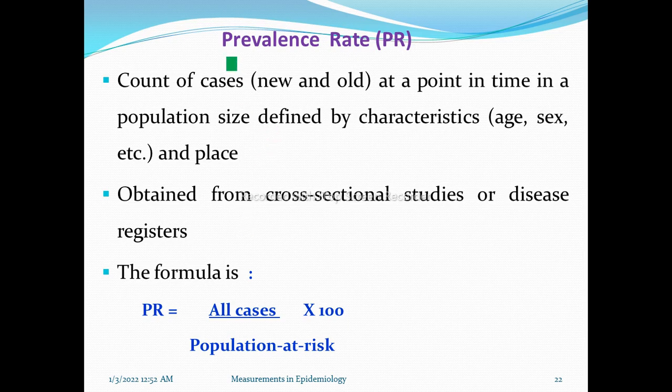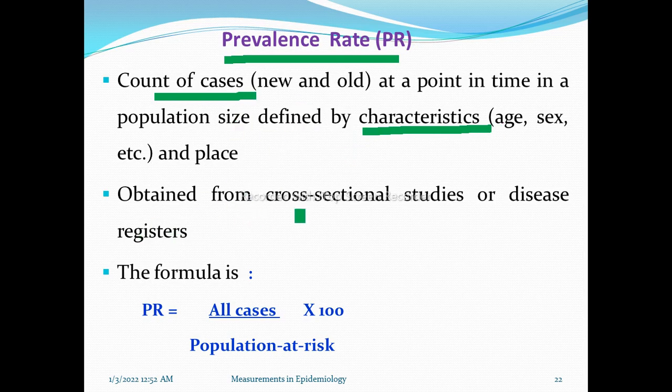So prevalence rate is the count of cases, new and old or previous, at a point in time in a population size defined by characteristics and place, obtained from a cross-section. Mostly prevalence rate is calculated from cross-sectional studies, disease registries or surveys.